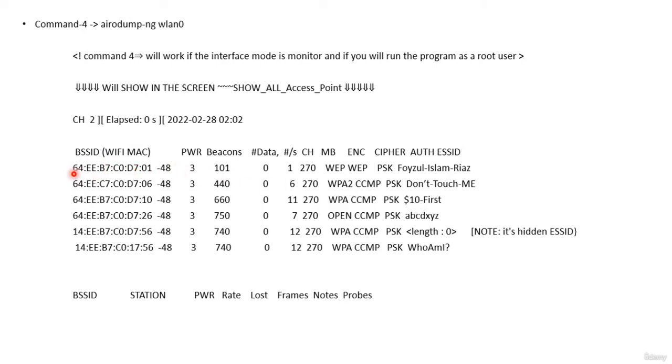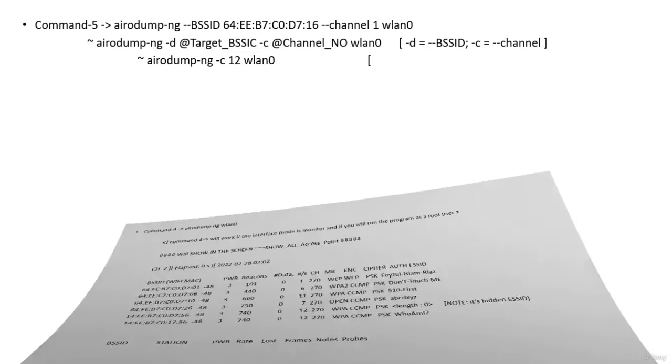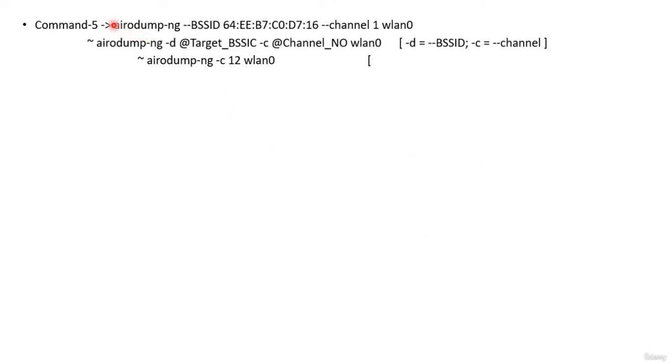I want to analyze this Wi-Fi, to see how many users are using it. So I need to give the BSSID, this one, and you can also give the channel. The channel number is 1. So let's see. I give airodump-ng, then the BSSID, the MAC address, then the channel, 1, and wlan0, the interface name.